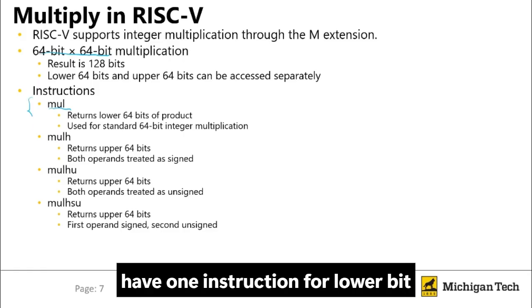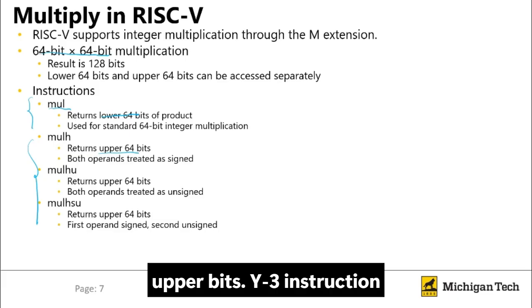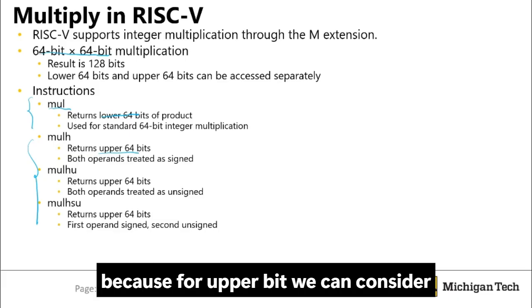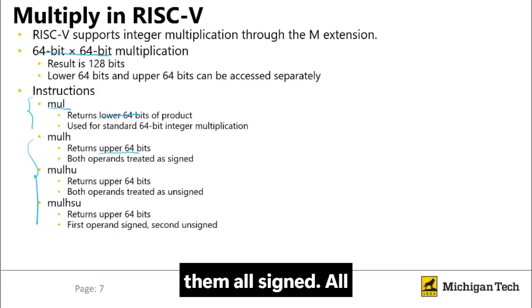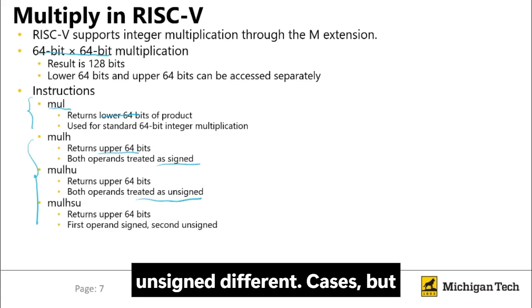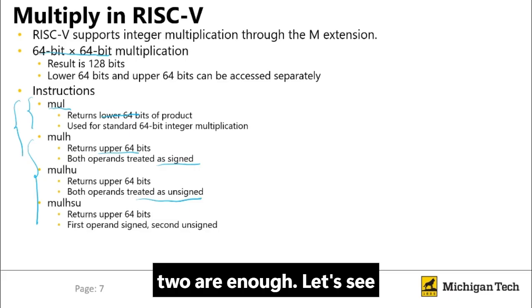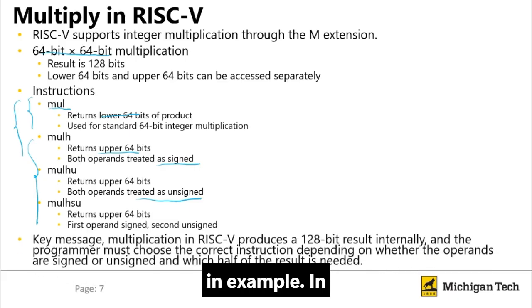We have one instruction for lower bit multiplication and three instructions for upper bits. Why three instructions? Because for upper bits we can consider them all signed, all unsigned, or one signed, one unsigned, different cases. But mostly these two are enough. Let's see an example.